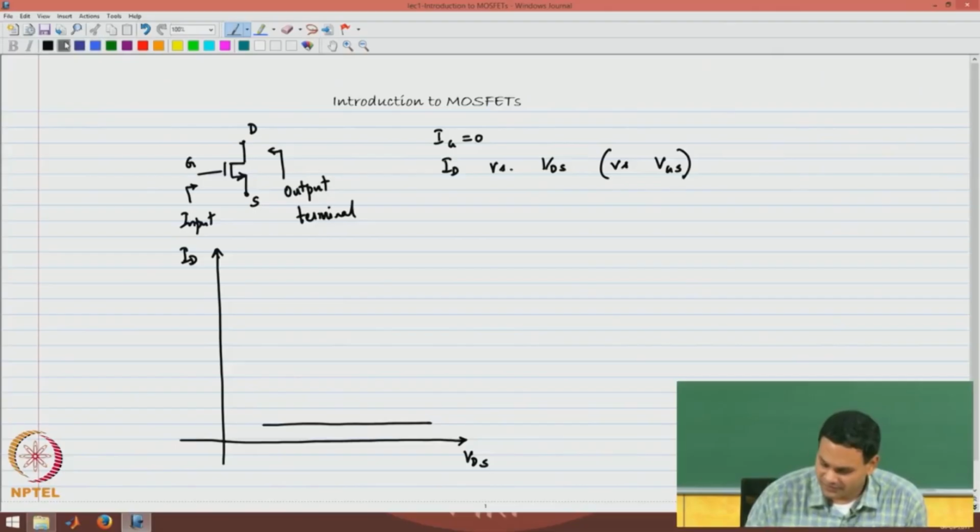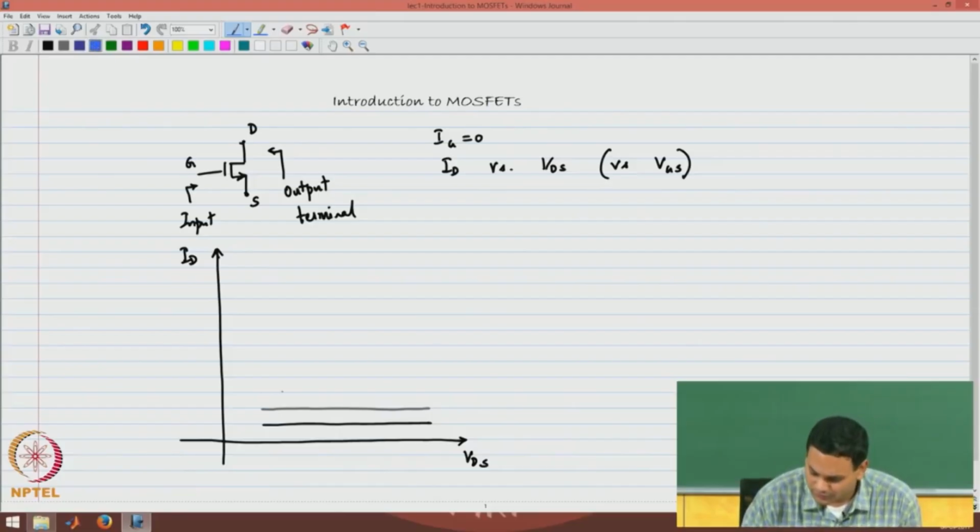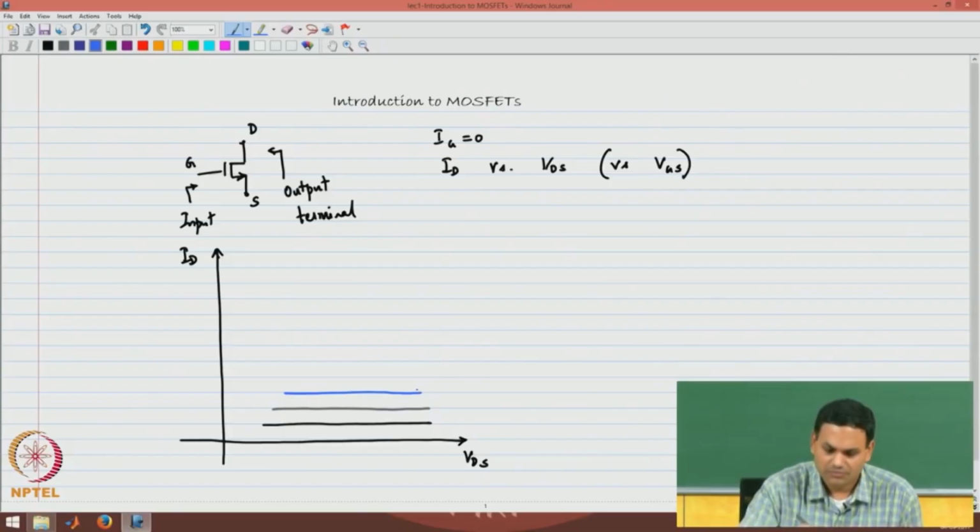I will show them with different colors to show that there are different values of VGSs. Okay.